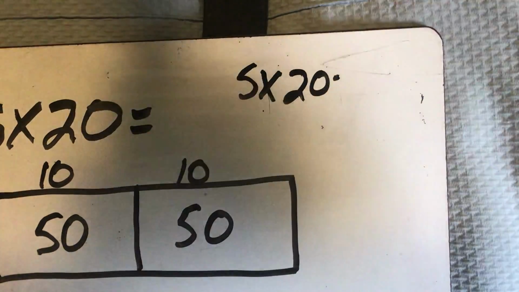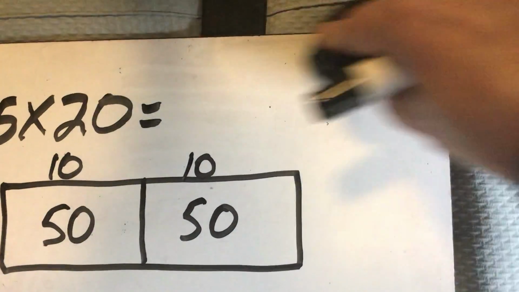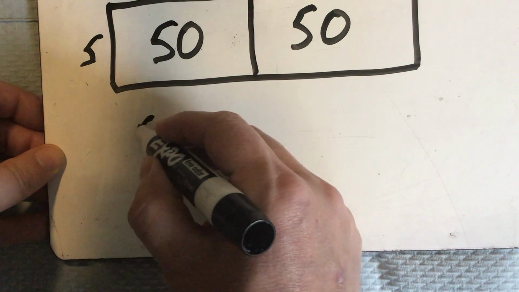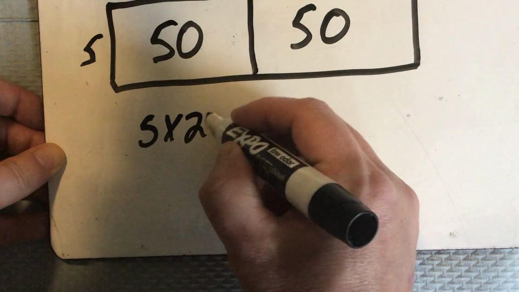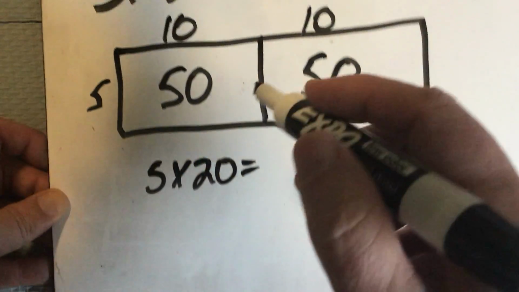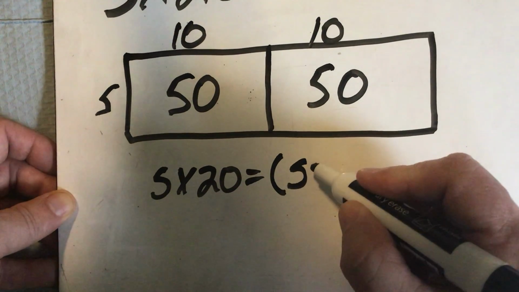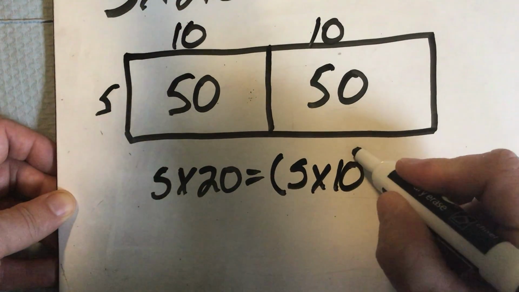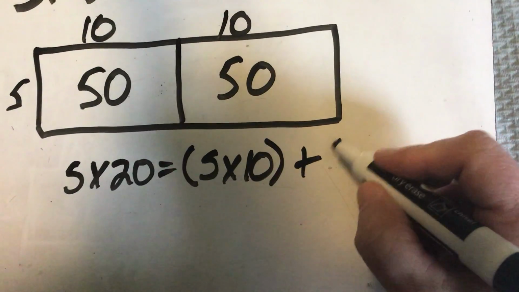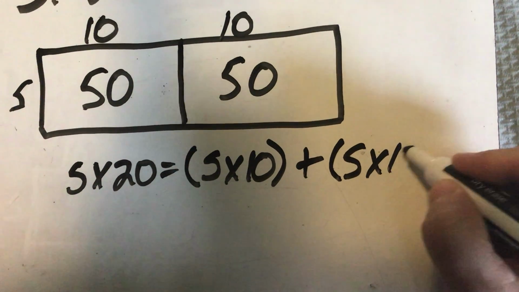I'm running out of room, so I'll write it down here where I have a bit more room. 5 times 20 will equal, because we're going to put these in parentheses, 5 times 10 plus 5 times 10.